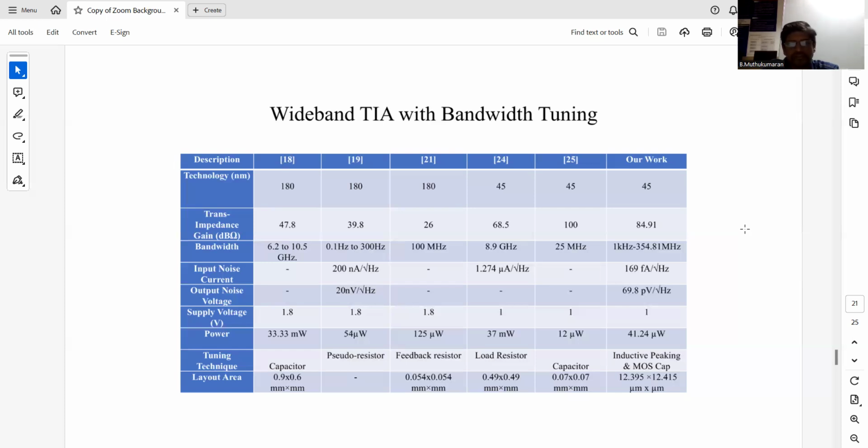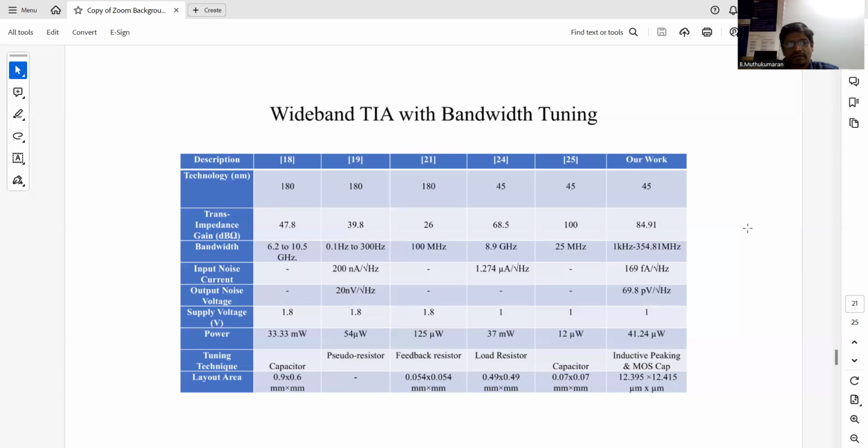The power consumed by the proposed TAA is 41.24 microwatts. For the tuning method, we follow inductive peaking and MOS capacitance tuning. The layout area is about 12.395 by 12.415 micrometer. When compared with the existing TAAs, our circuit outperforms the literature numbers 19 and 21 with the required bandwidth range of about 1 kilohertz to 354.81 megahertz.